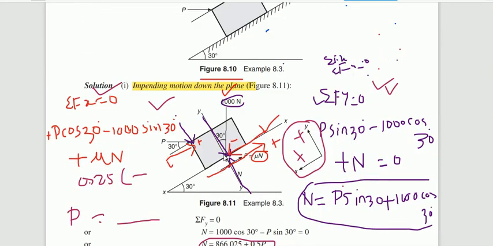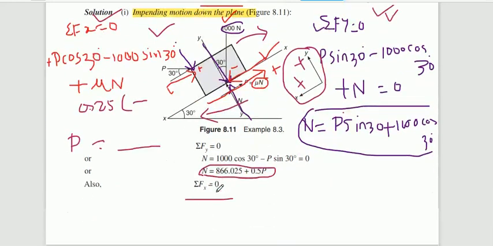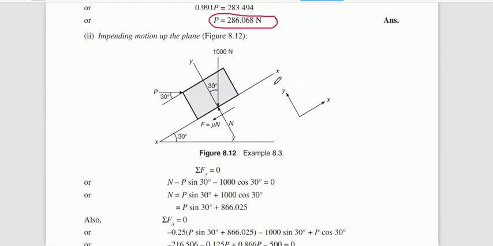All the things are the same, but what is changed? The direction of the friction force will vary here. In the next condition, friction acts along this direction. Why? Because our block is moving upward. Therefore, we have to write friction in the downward direction. You can observe this in the free body diagram.